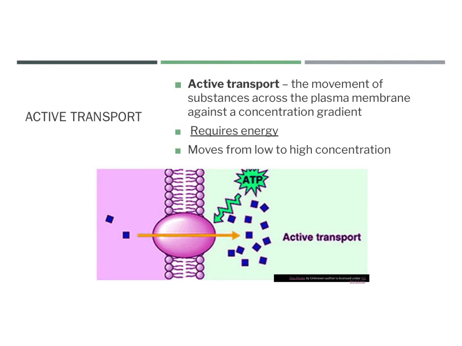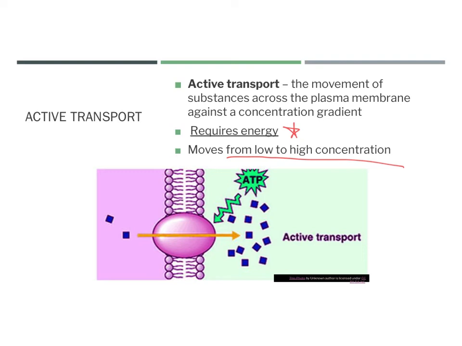And these are going to move against a concentration gradient, which means that they are going to move from a low concentration to a high concentration. So for this slide, you need to know active transport requires energy. And you need to know it's when substances move from a low concentration to a high concentration across that plasma membrane.